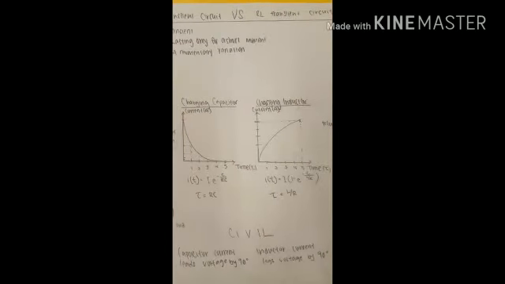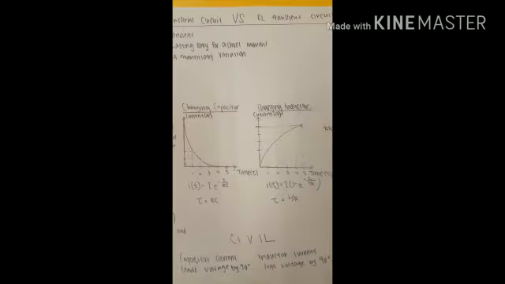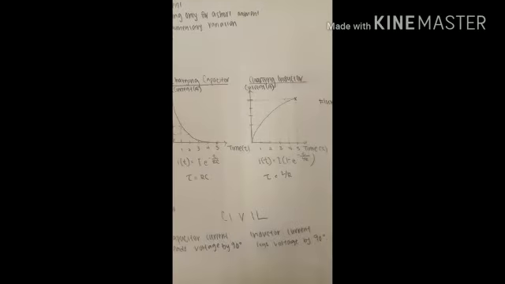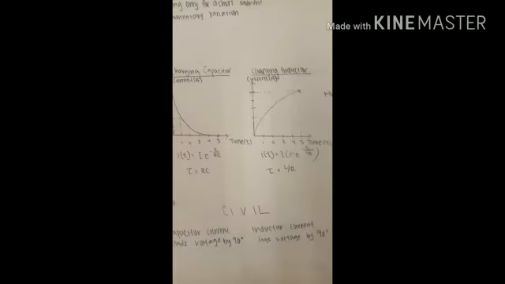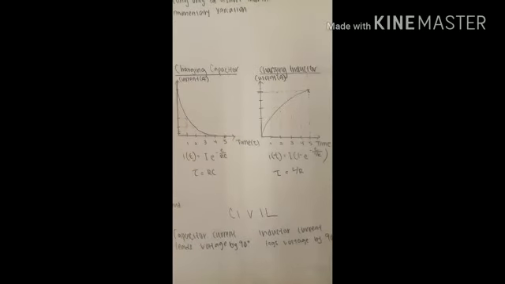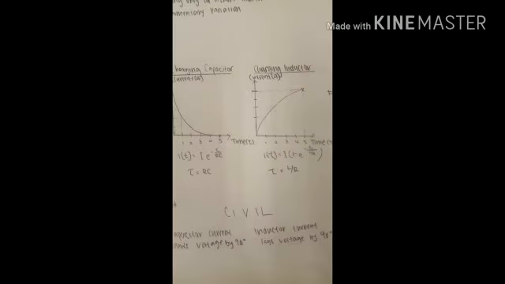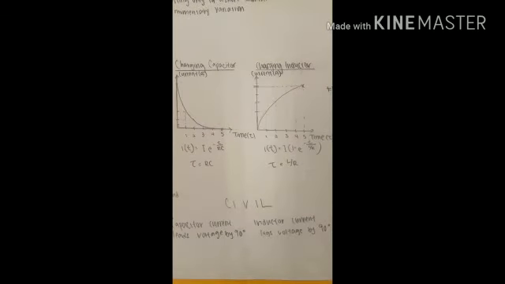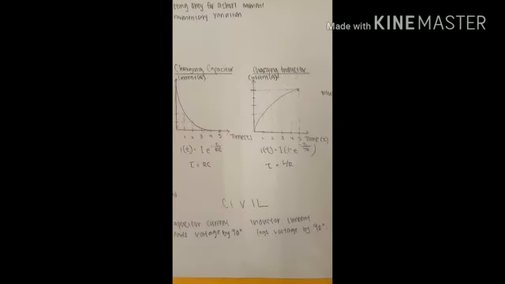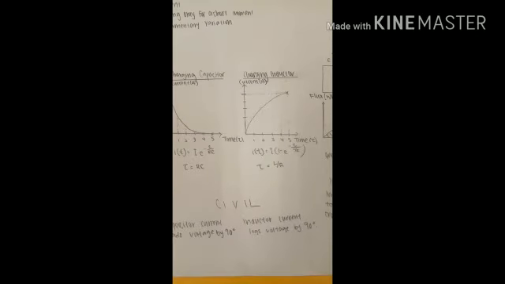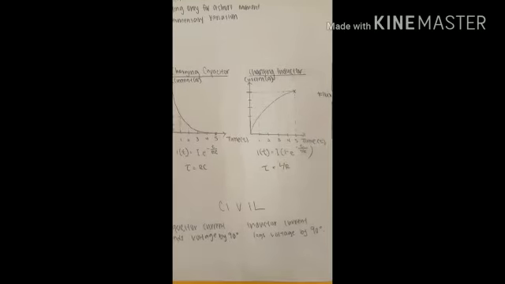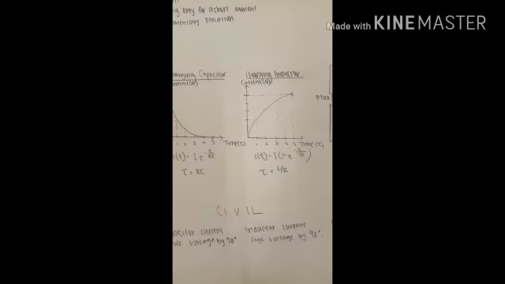For a capacitor, current is calculated by I times e to the power of negative time over resistor times capacitor, while for a charging inductor, current is calculated by I times 1 minus e to the power of negative time over inductor over resistor. The tau calculated for both is also widely different.